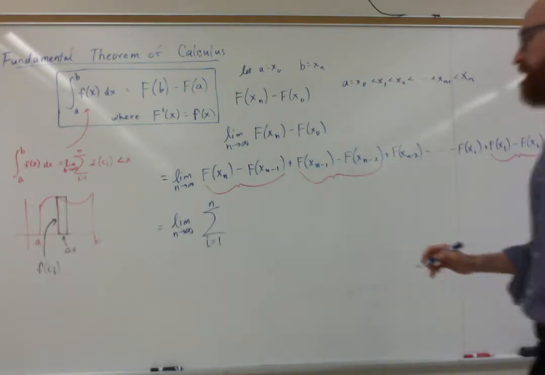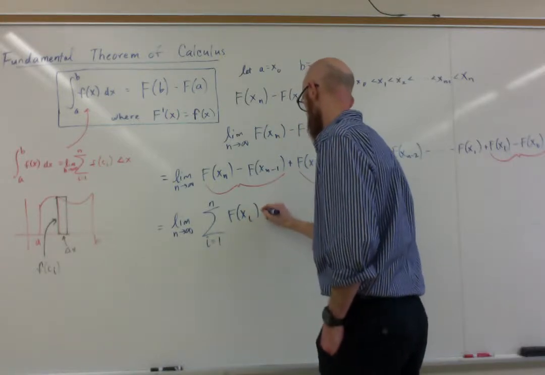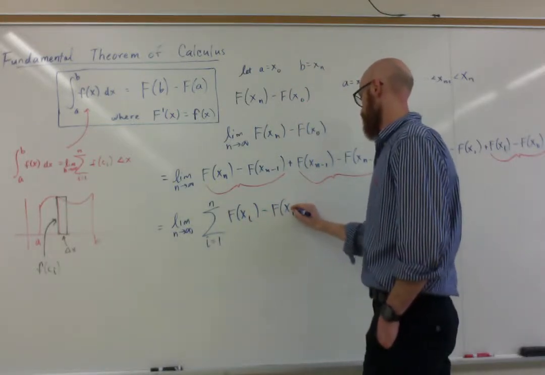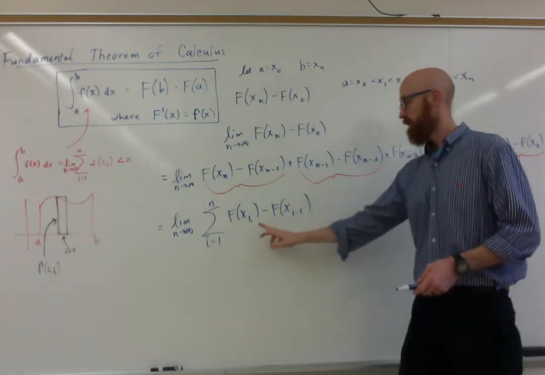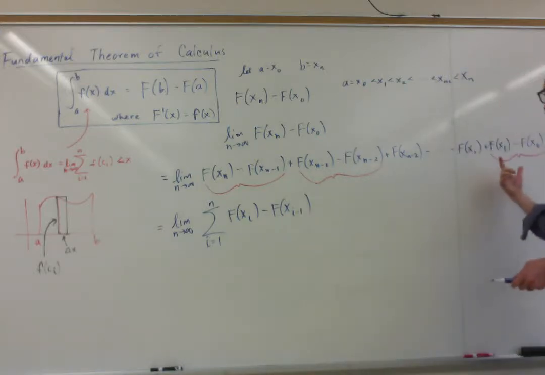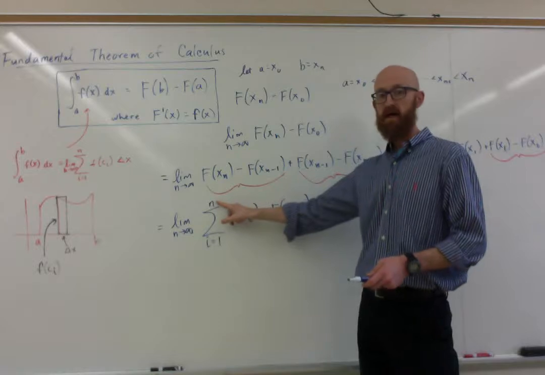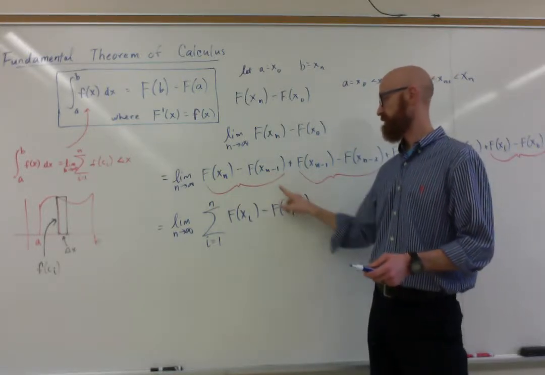And that sum will be big F of x sub i minus big F of x sub i minus 1. So for example, when i is 1, this will be big F of x sub 1 minus big F of x sub 0, which is this very last group. Or when i is maximal, when i is n, you'll get x sub n and x sub n minus 1.